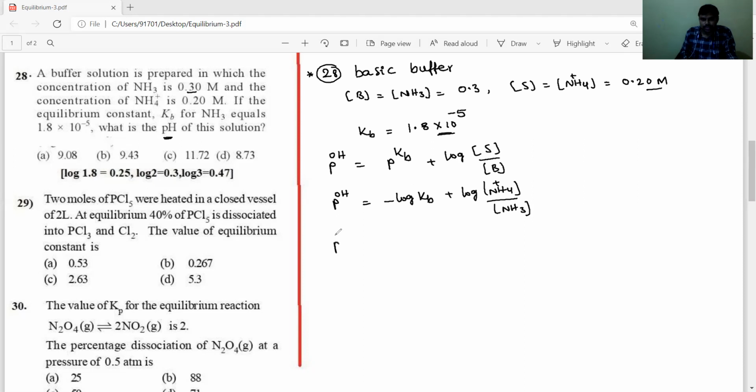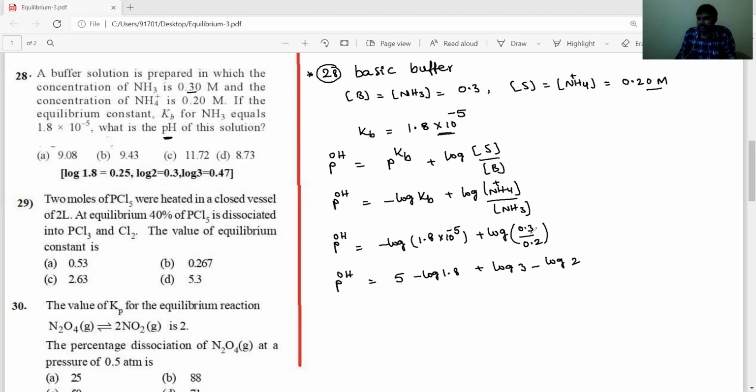On simplification, pOH is equal to minus log of 1.8 into 10 to the power of minus 5 plus log 0.3 divided by 0.2. Now pOH is equal to 5 minus log 1.8 plus log 3 minus log 2, because 0.3 by 0.2 is 3 by 2.